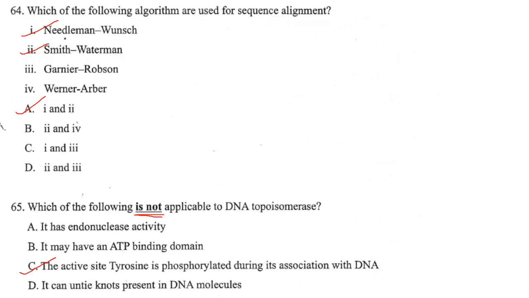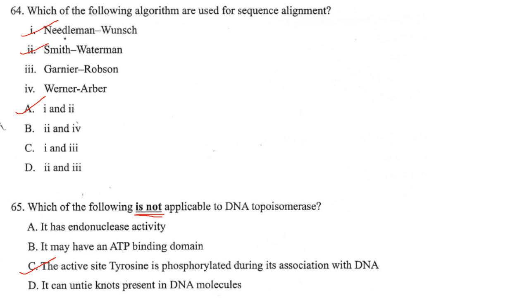A. Then which of the following algorithms are used for sequence alignment? Needleman, Wunsch, and Smith and Waterman are used for sequence alignments 1 and 2. Answer is option A. Needleman, Wunsch is for global alignment and Smith is for local alignment. Then next one.